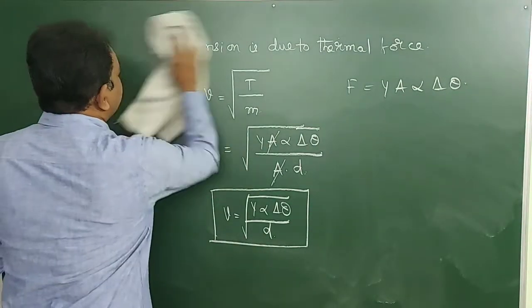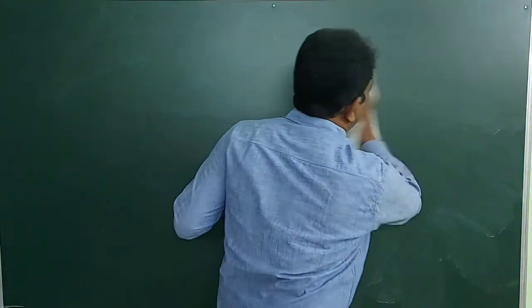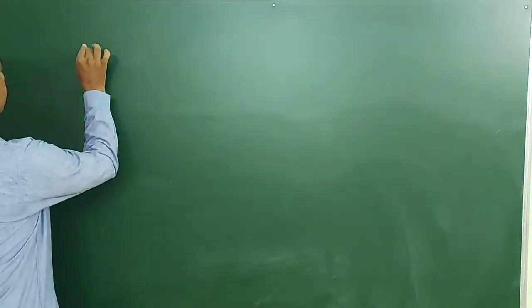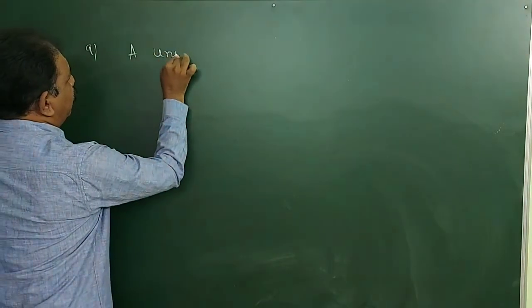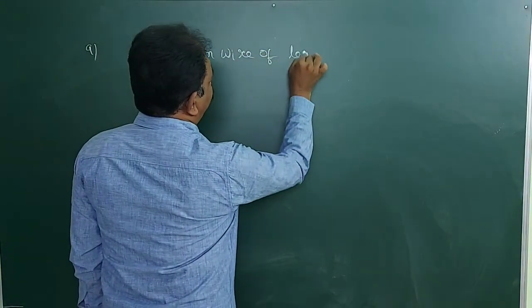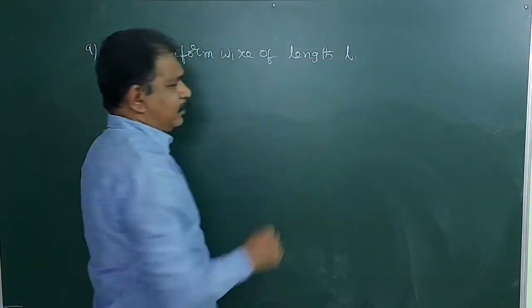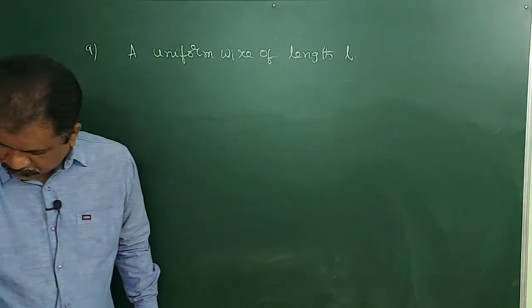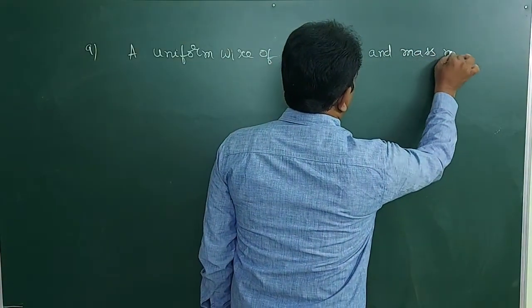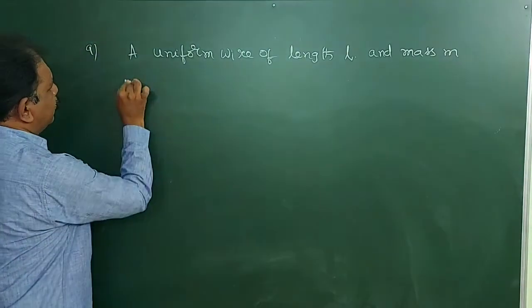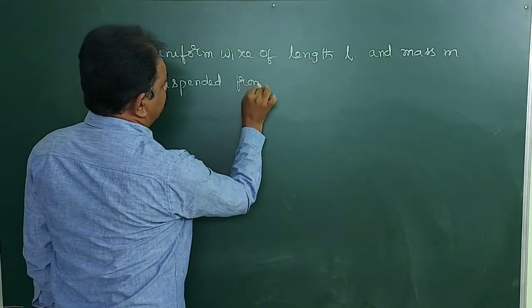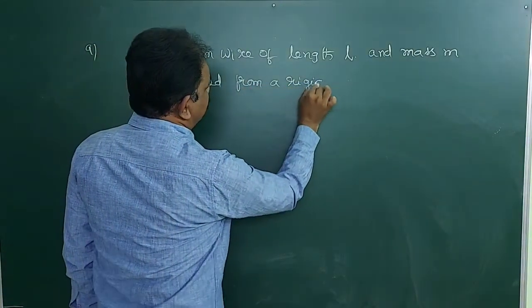Next, ninth one. A uniform wire of length L and mass M is suspended from a rigid support.